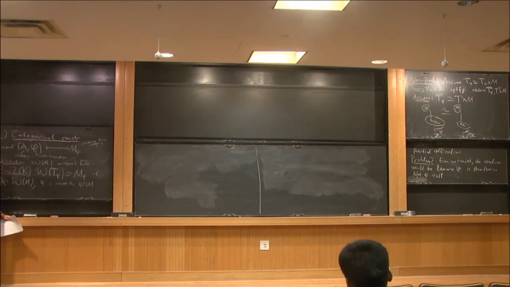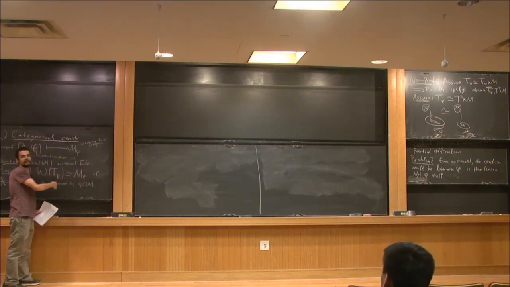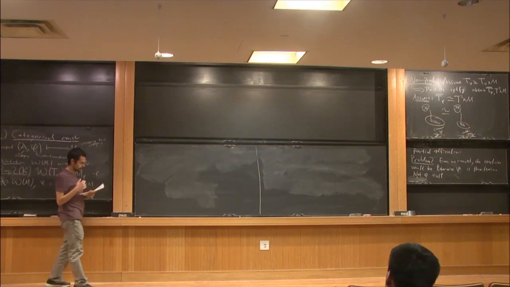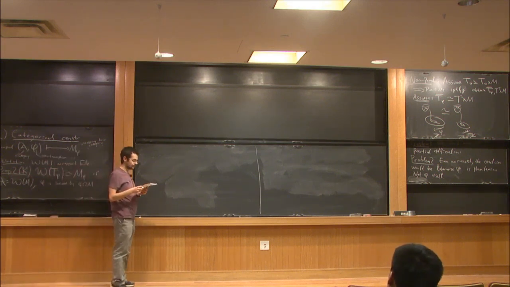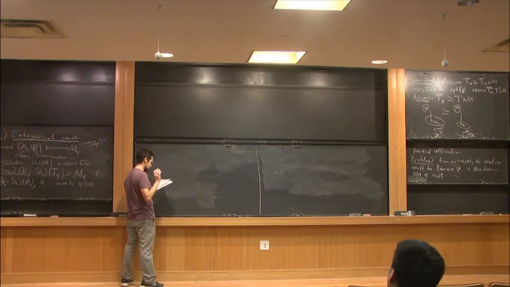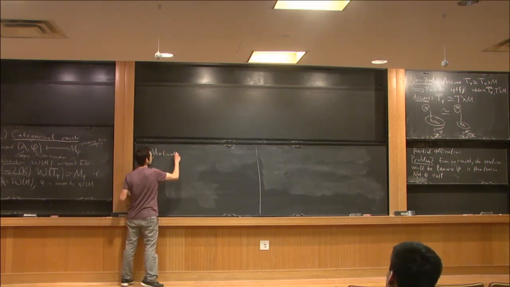And heuristically, and there are ways of making this more rigorous, the deformations of the category correspond to partial compactifications. So the problem of identifying the partial compactification will turn into identifying the deformation of the category here. I will make a remark about this. But let me first give a motivational definition.